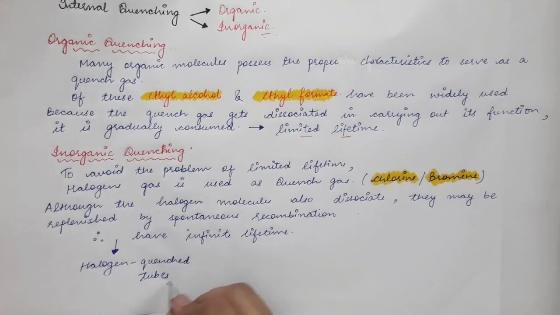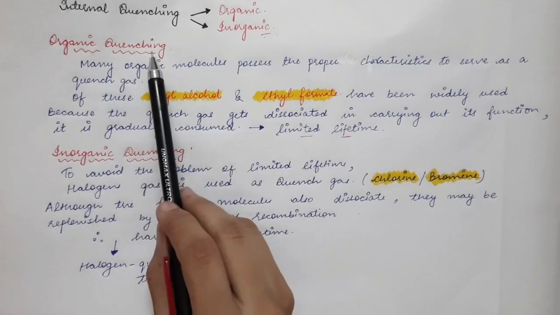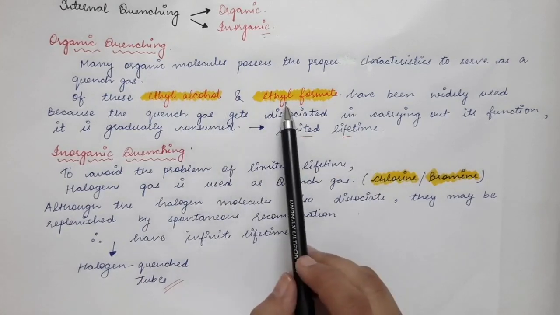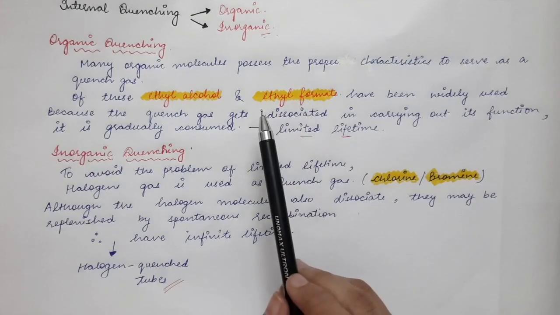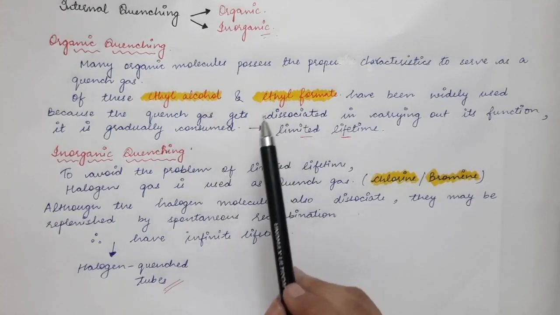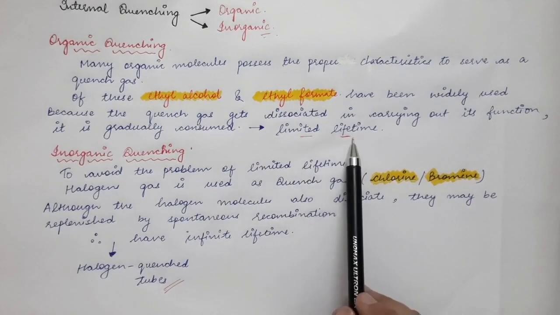Whereas in the case of organic quenching, when ethyl alcohol and ethyl formate get dissociated, there is no recombination, and hence they get gradually consumed. Their concentration decreases with time, due to which the GM tube has limited lifetime.